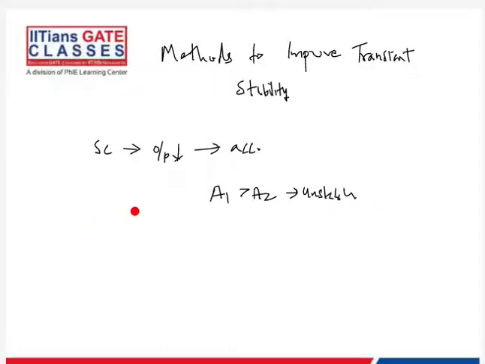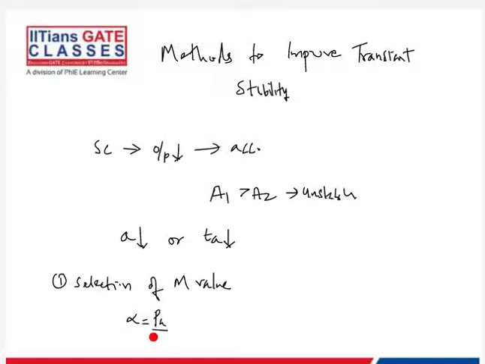So if we have to reduce A1, we have to do either of two things: reduce the acceleration, or reduce the time for acceleration. So we have two approaches. The first method is selection of M value. Alpha is PA divided by M, so if M is higher, alpha would be lower.